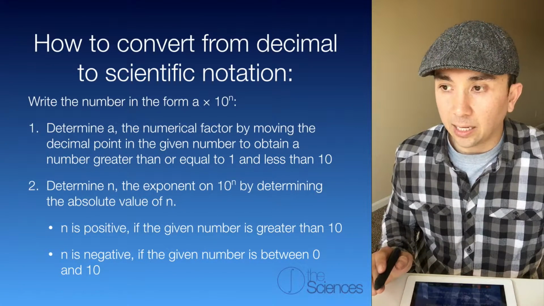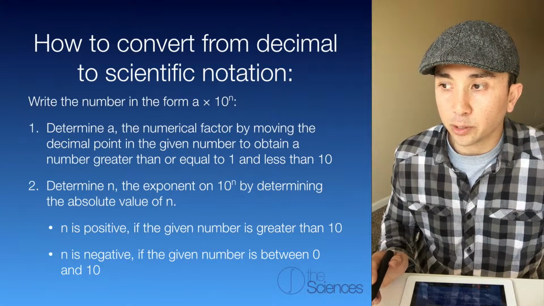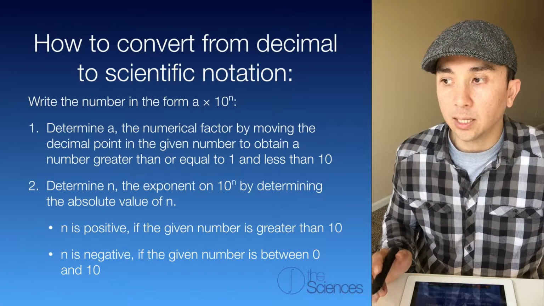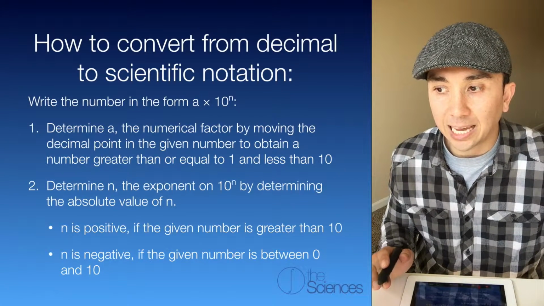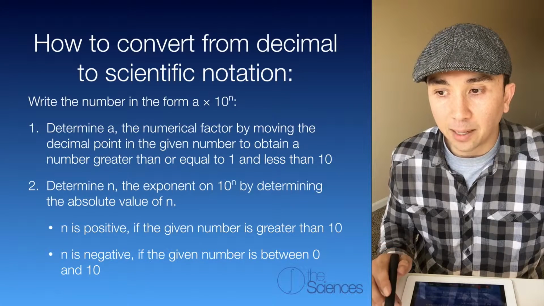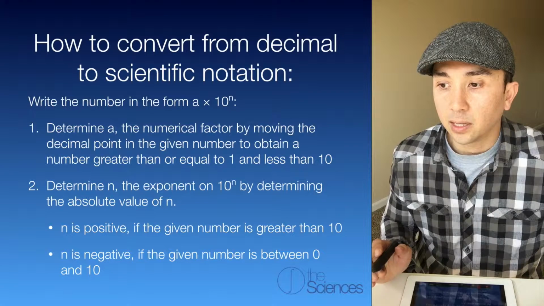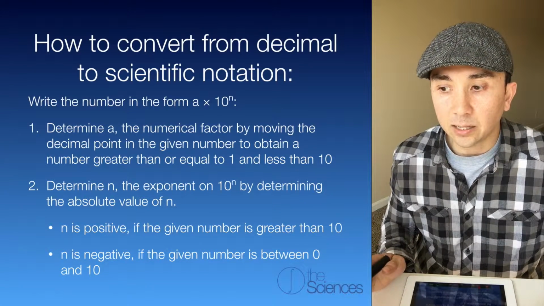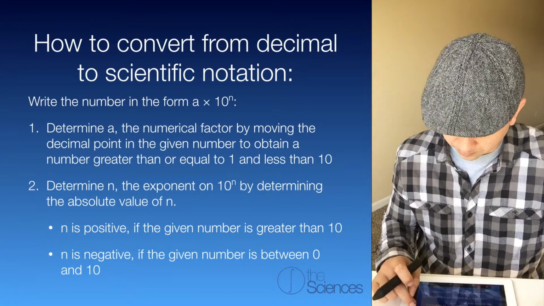You're going to determine a, the numerical factor, by moving the decimal point in the given number to obtain a number greater than or equal to 1, but less than 10. You're going to determine n, the exponent on 10 to the n, by determining the absolute value of n. N is positive if the given number is greater than 10, and is negative if the given number is between 0 and 10.